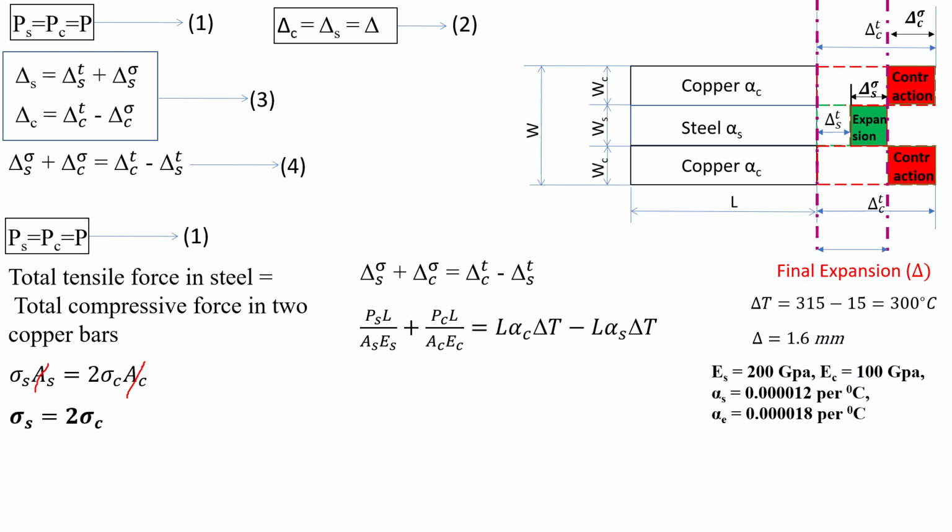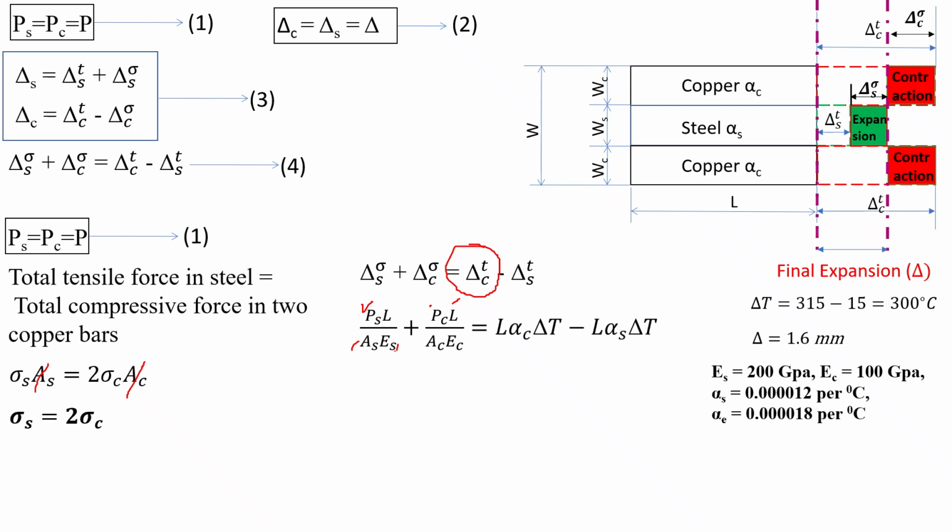Similarly, delta S sigma can be written as PS L divided by AS ES, and delta C sigma can be written as PC L divided by AC EC, which is equal to delta CT, which means the free expansion of the copper due to the temperature rise.